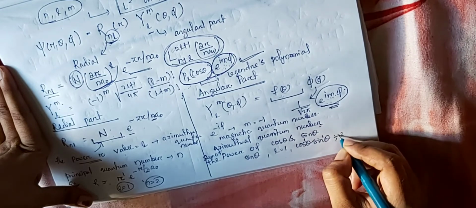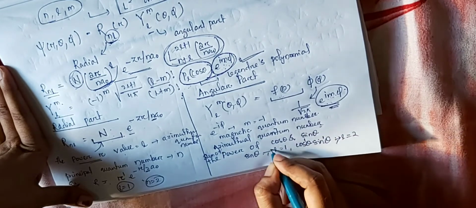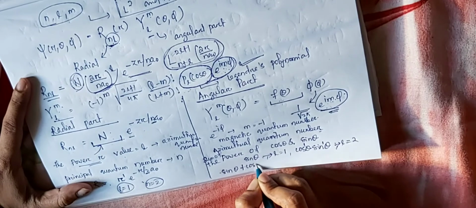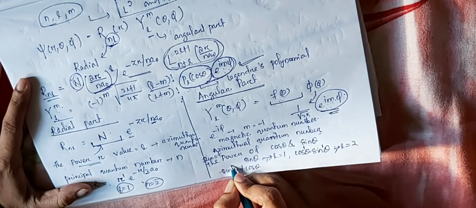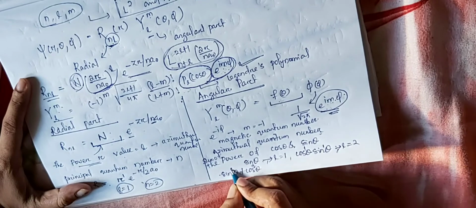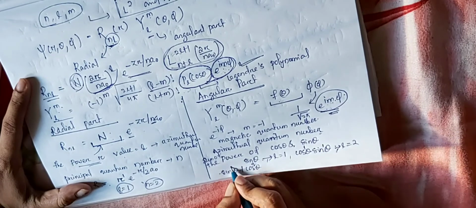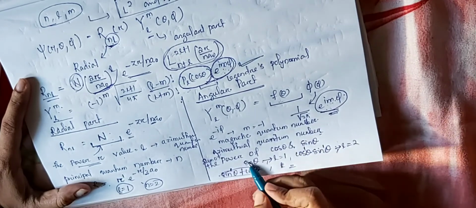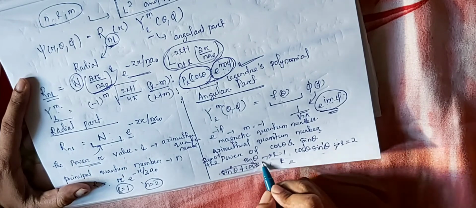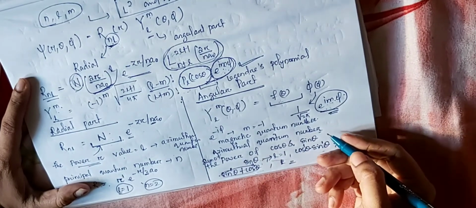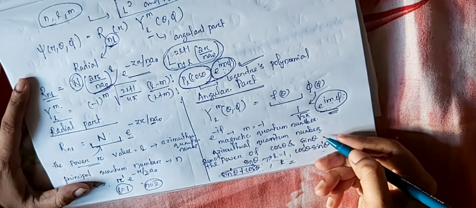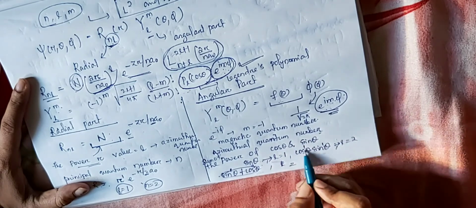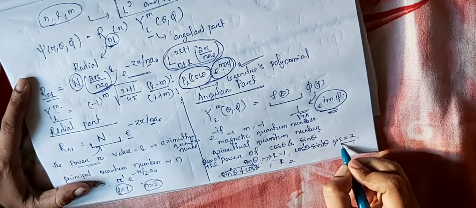So for this case the value of L is equal to 2. Okay, so similarly if there is sin theta power p and cos theta power q, I have to take the addition of both the powers of sin theta and cos theta. So this will give me the value of L. Okay, I hope you are getting this. So we have to take the sum of the power of sin theta and cos theta. This will give me the value of L.